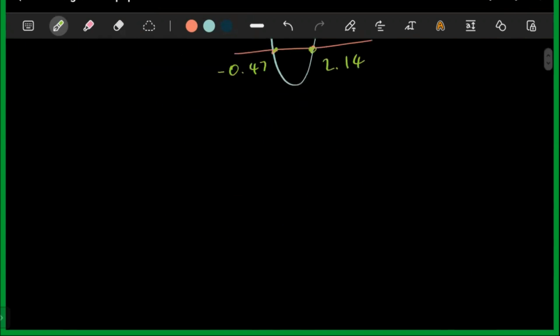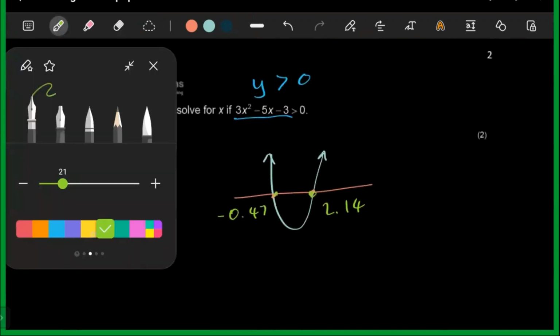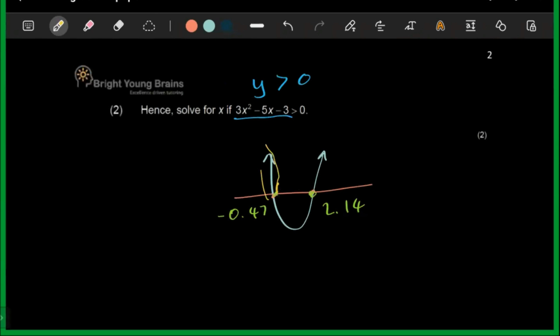So we need to acknowledge that the graph is above 0 here, and here also. So it's x values that are bigger than 2.14 or x values that are smaller than negative 0.47. Those are the x values that produce the parts above 0. So it's a 2-mark question. We can just keep things moving.